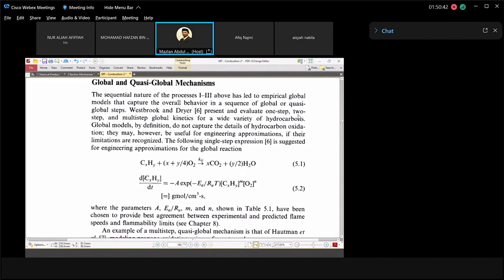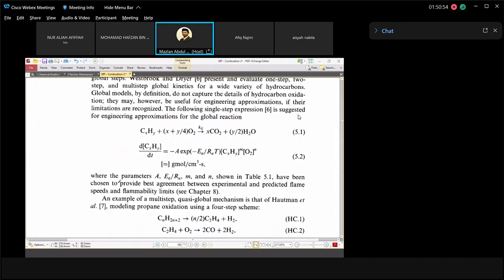So to find the rate of CxHy, d[CxHy]/dt, this is the equation, where the parameters A, Ea, Ru, and n are shown in table 5.1.